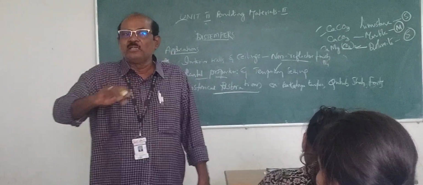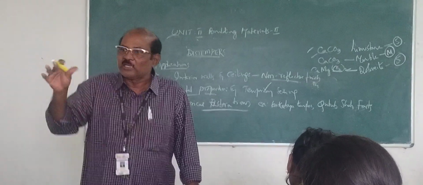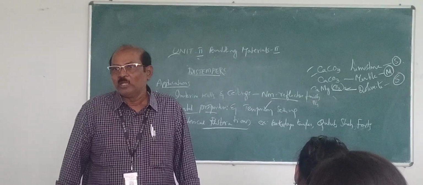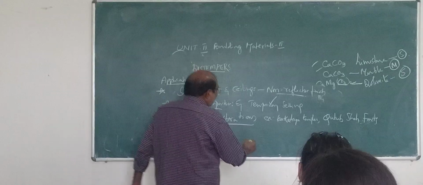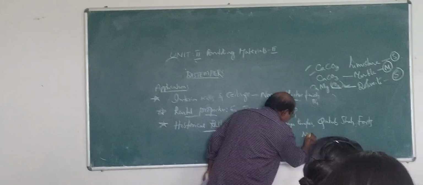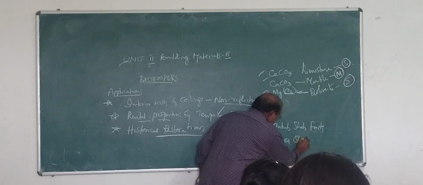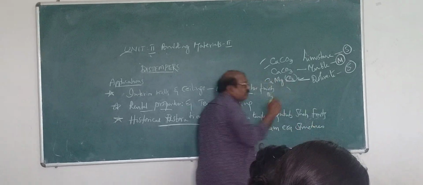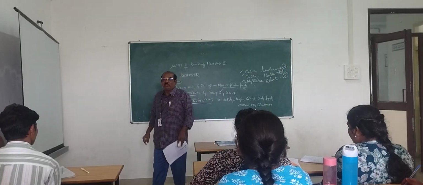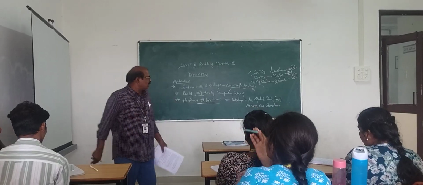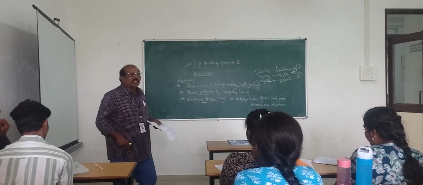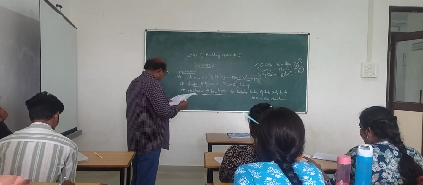Of course, the exterior they have done with painting, the interior they have done with distempers. Nizam era structures are historic, because these are very old structures. So that is where we can use distemper.